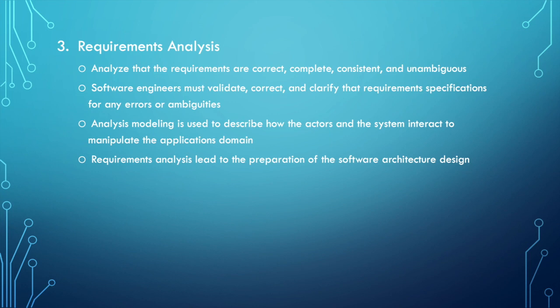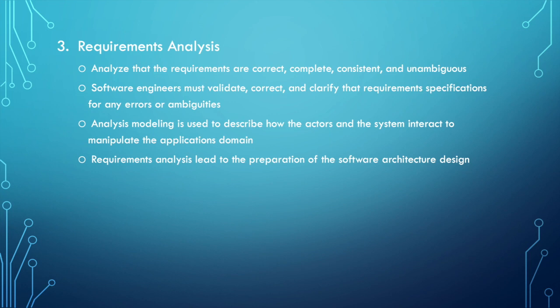So after collecting all the use cases and designing the user interfaces for each of the use cases, you have to validate them, correct them, and clarify them. And how do we do this? We use UML diagrams to find out how the actors manipulate the application domain through the user interface.